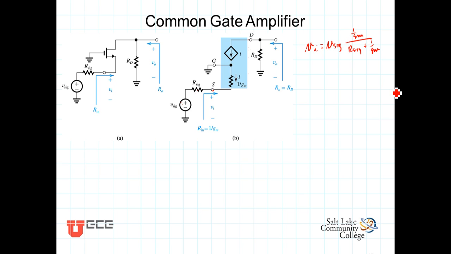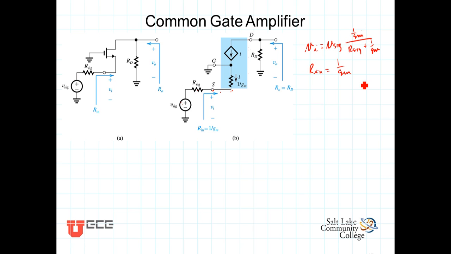From observation, we also recognize that this term 1 over g_m is the input resistance seen looking into the source when the gate is grounded. R_in is simply 1 over g_m.